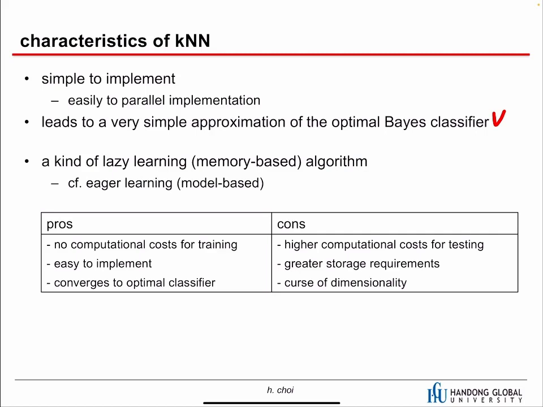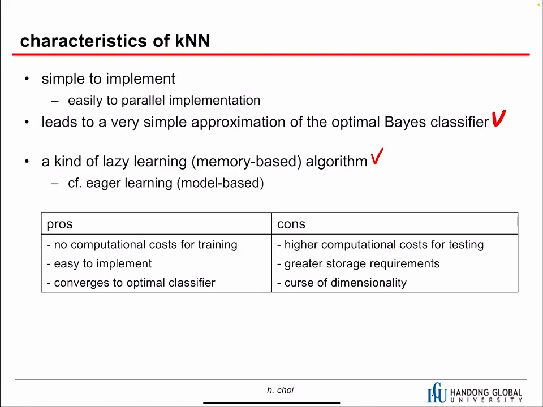We use training samples to train the model, and once the training is done, we don't need the training samples anymore. That's a model-based algorithm, or eager learning. The model learns a lot from the training samples. But KNN is the opposite. We don't train in the training phase. Actually, there is no such thing as training in KNN.